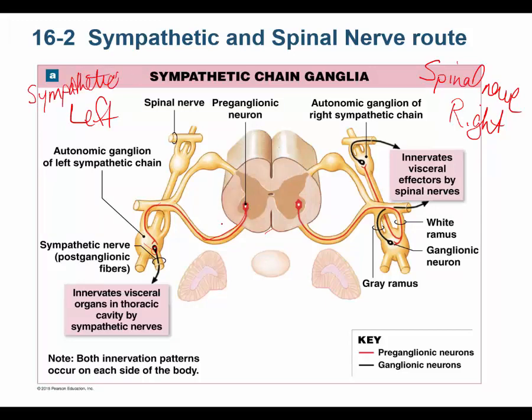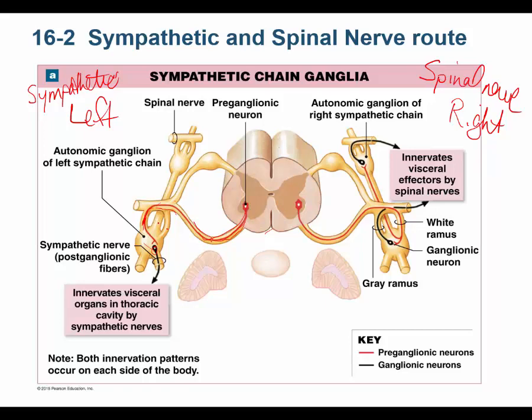Let me show you. Let's do the sympathetic nerve route first. My preganglionic neuron leaves my spinal cord through my ventral root. That makes sense because all motor neurons leave the spinal cord through the ventral root. It goes through my white ramus communicantes, right here. Here's the gray ramus communicantes. Now you're going to say, what's this right here? This is running into the screen and out of the screen.